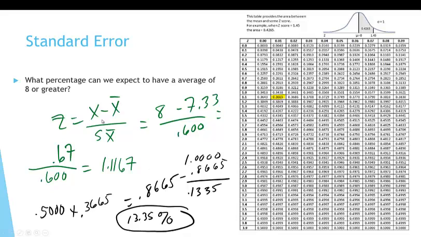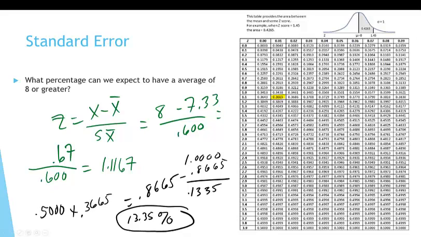So our question is, what percentage can we expect to have an average of 8 or greater? Since we're looking at 8 or greater, we want to know how much is left on the chart. So we simply subtract from our whole and get 0.1335 or 13.35%. In other words, 13% of the samples we draw will have an average of 8 or greater.